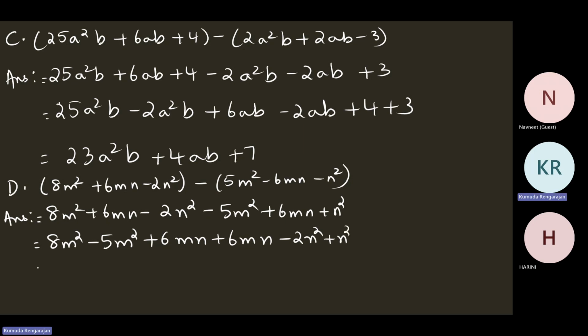Very good. Next, Navneet. Yes, ma'am. Ma'am, 3m square plus 12mn plus minus n square or minus 1n square.